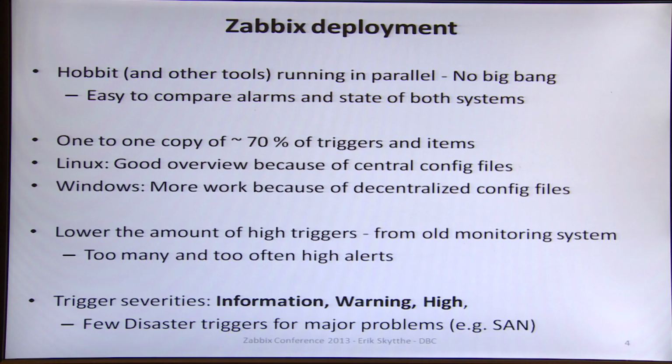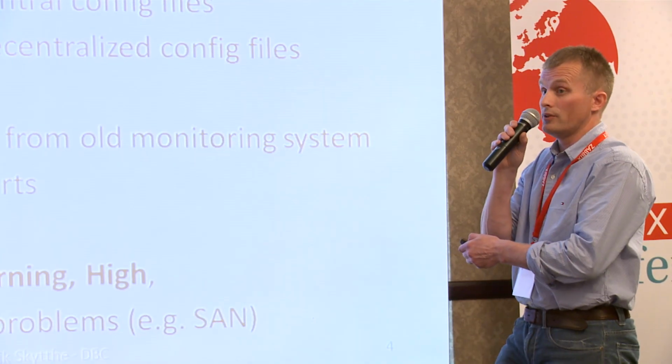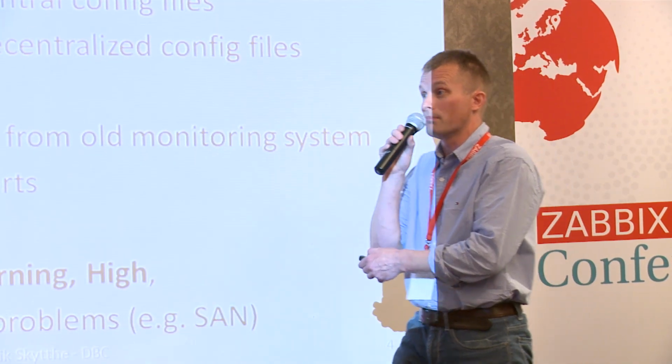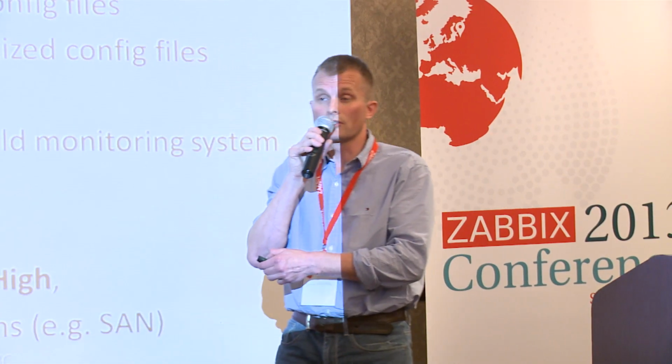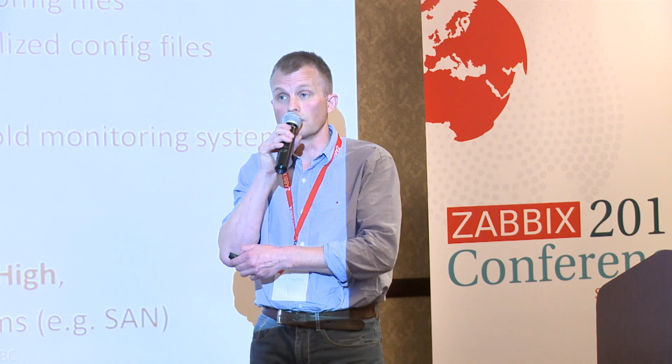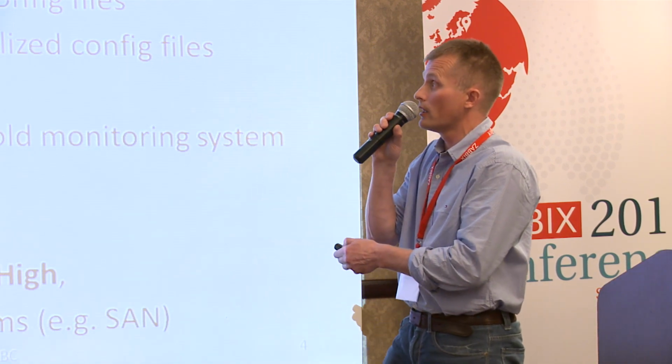Actually, we were running in parallel for some time. The advantage of this was that you could compare to get the same triggers in both systems. Of course, the disadvantage was that you have two systems to address, but I think that was okay.